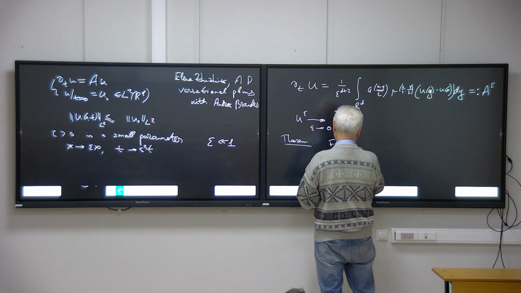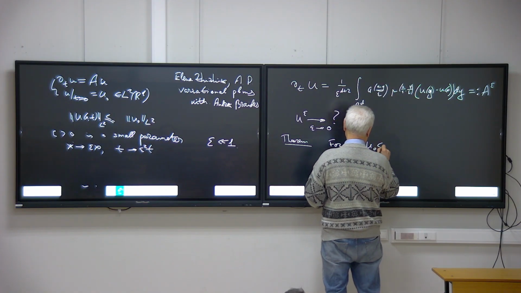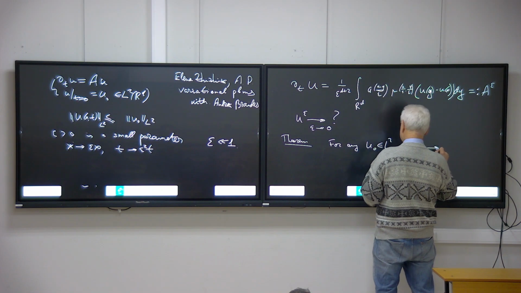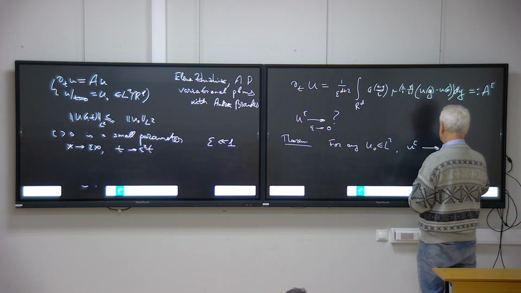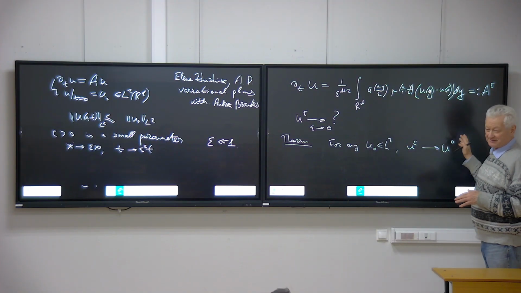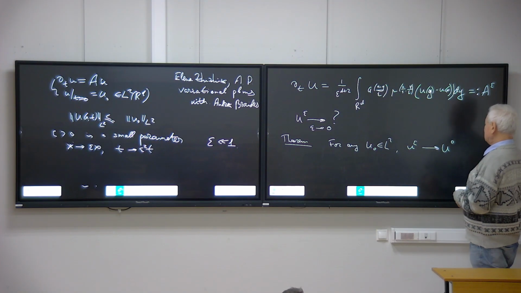For any u0 from L2, u epsilon converges to the function u, let me write u0(x,t). I hope you will not mix lower index 0 and upper index 0.